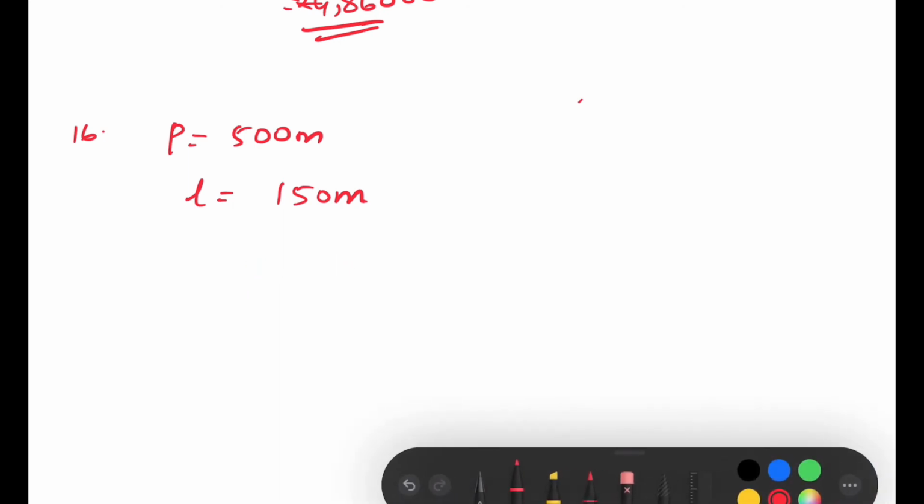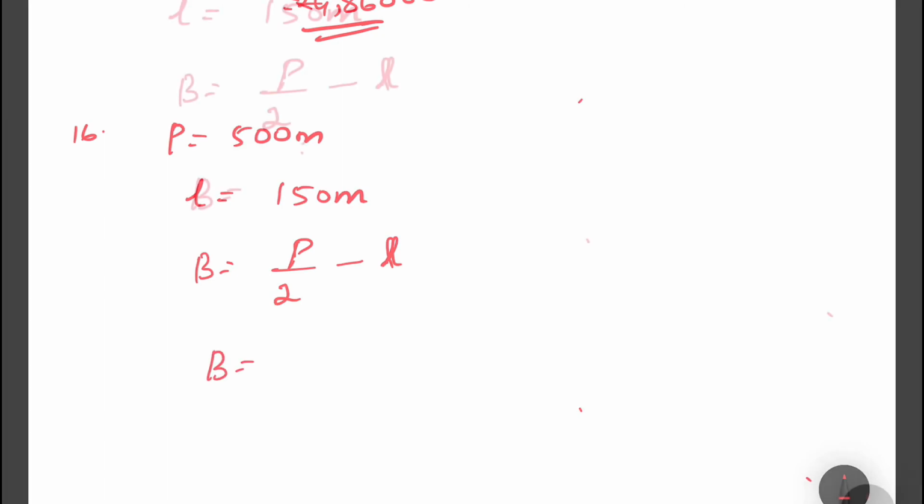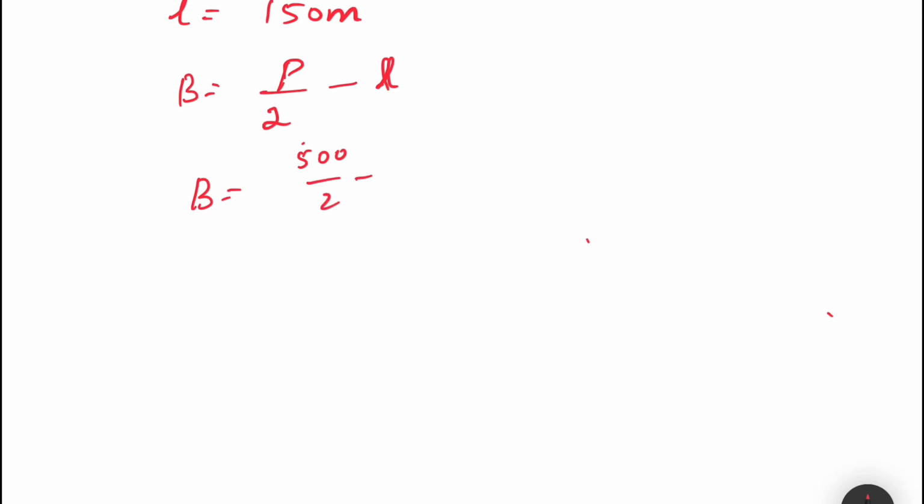Breadth is equal to perimeter by 2 minus L. So B is equal to 500 by 2 minus 150, 250 minus 150 equal to 100 meters. So here breadth is equal to 100 meters.